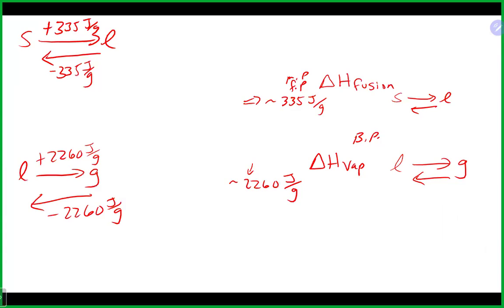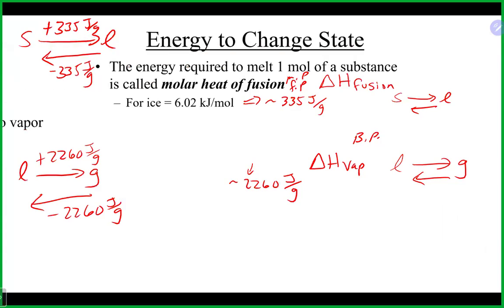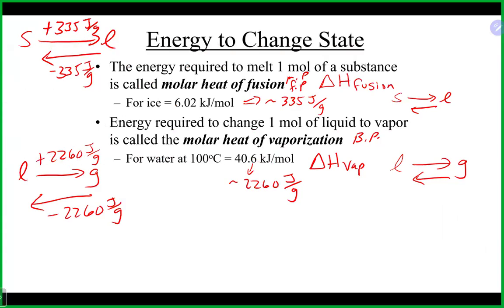So let's take a look at one here of how we put all this together. Before we do, we can also see something on the graph. It takes a lot more energy to do the transition to gas, about 2260 or so for water, than it does to do the transition from solid to liquid, which is only about 335 joules.